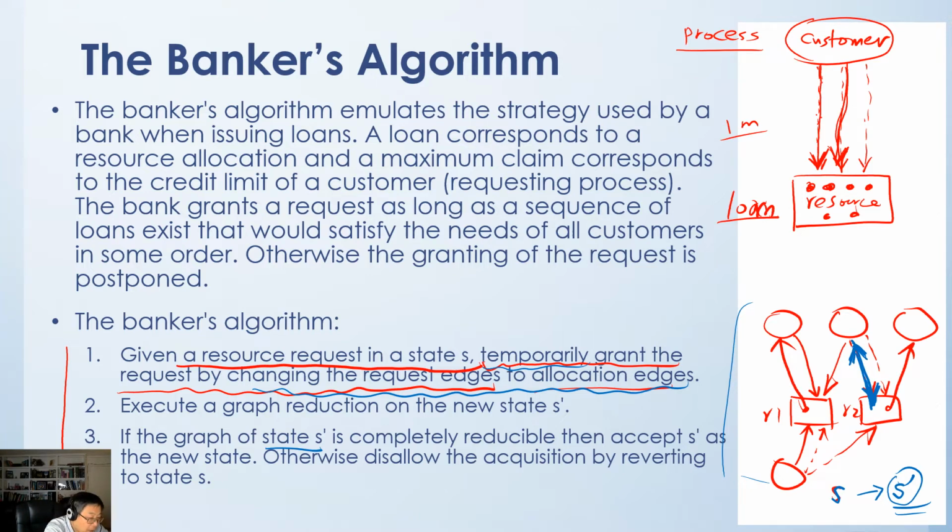Now this becomes the new state. Now if the graph S prime is not reducible, then we disallow the acquisition by reverting to state S. We just revert back to state S. So we just eliminate that allocation and change it back to the claim. Okay, so that's the bank's algorithm.